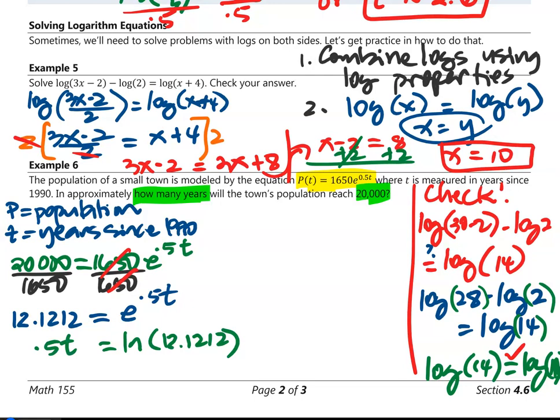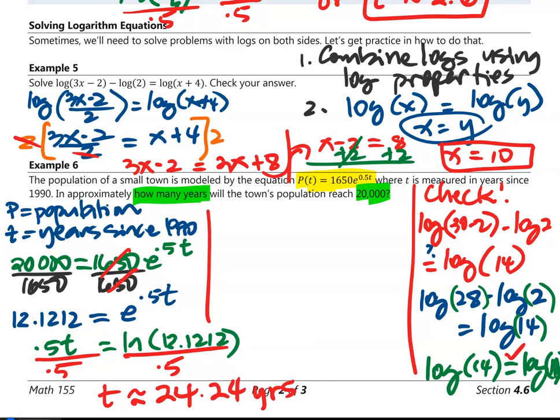And we divide both sides by 0.5. And when we do that, t is approximately equal to 24.24 years. So how many years are 24.24 years in what year?